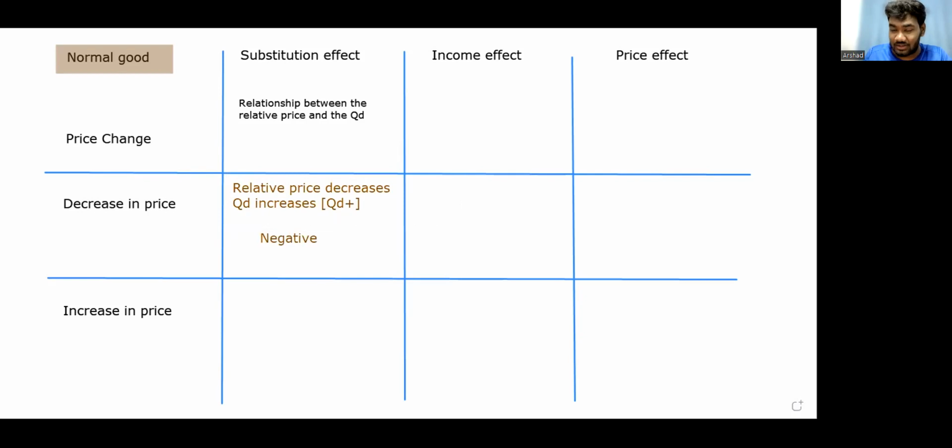That's how I got the first one. So how can I conclude? What is the conclusion I can come to? I can say the substitution effect for a normal good when the price decreases is negative.